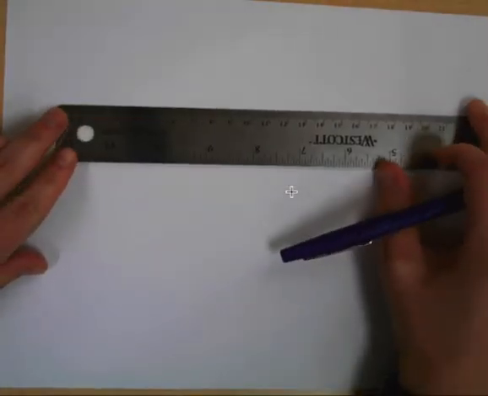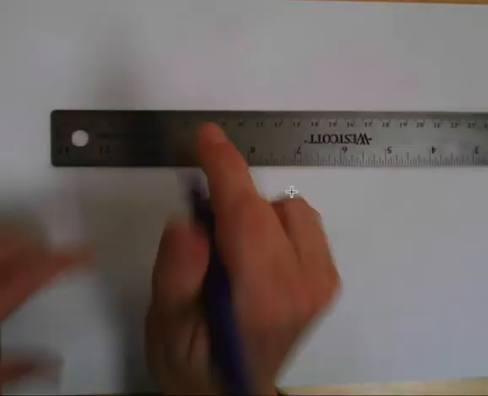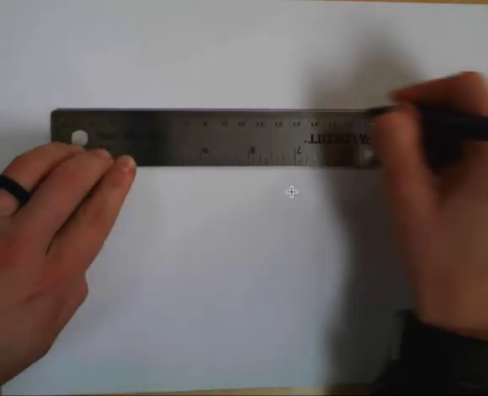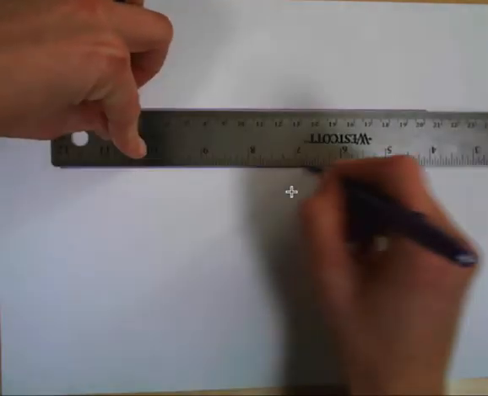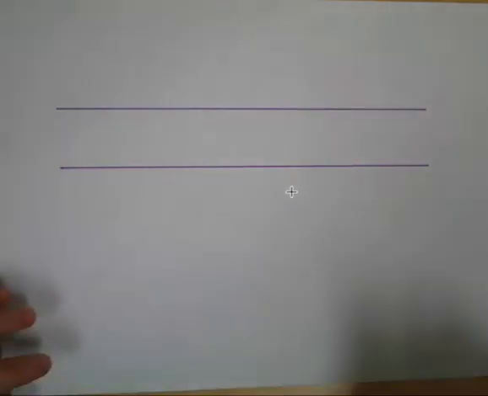Number 1 says to use a ruler to draw 2 parallel lines. So we can set our ruler straight on our paper. And if we trace the top side of our ruler and the bottom side of our ruler, we now have 2 parallel lines for our double number line. Okay.